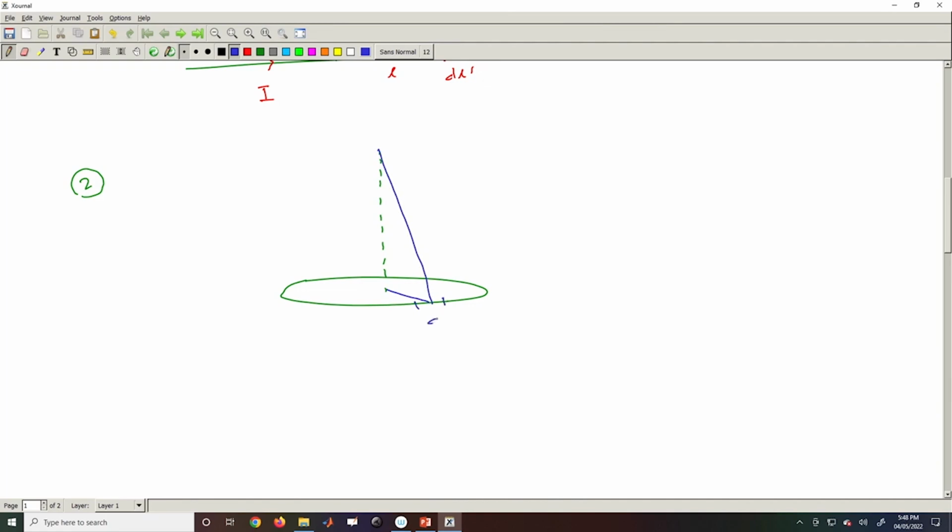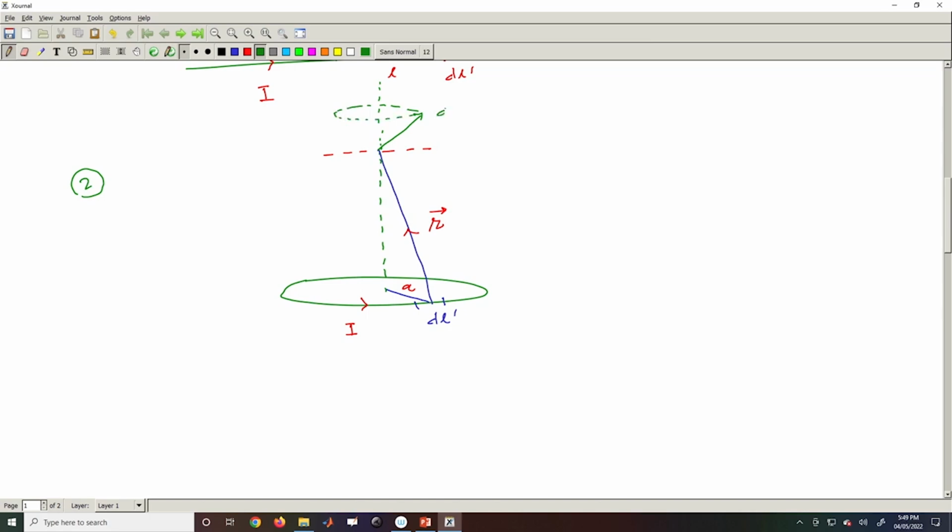This was dl prime and the current was I. If this is the r vector and if this is a, then the magnetic field will be produced along some direction like this, and they will form a cone.